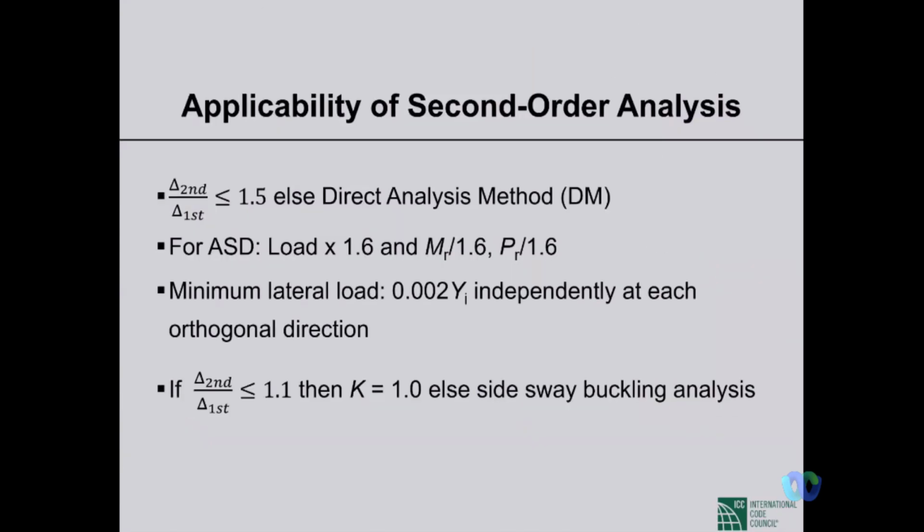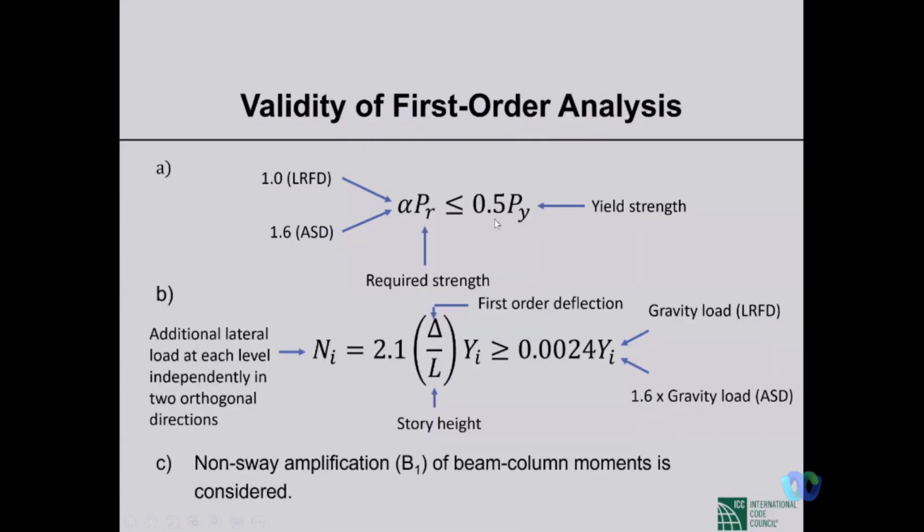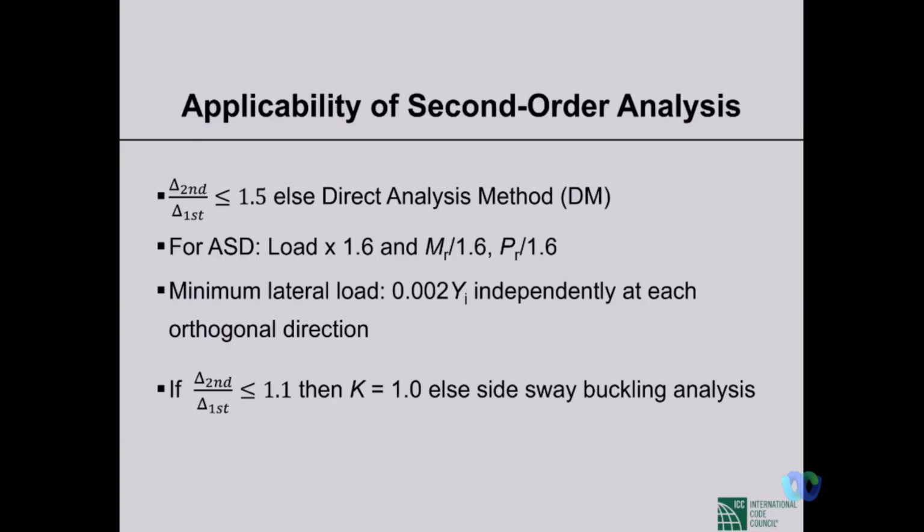Again, like the first order analysis, which is valid only when alpha PR is less than or equal to 50% of PY, in the case of second order analysis there are restrictions too. After doing the second order analysis, we get the total second order sway or drift, and from the first order analysis we get another sway.